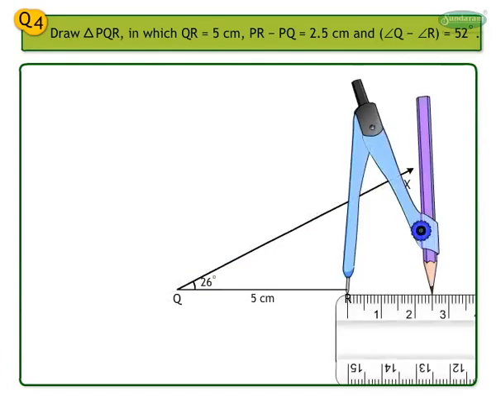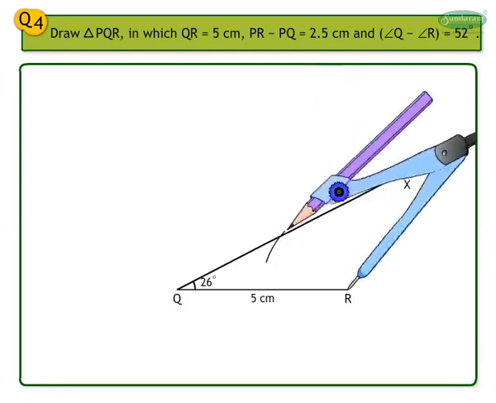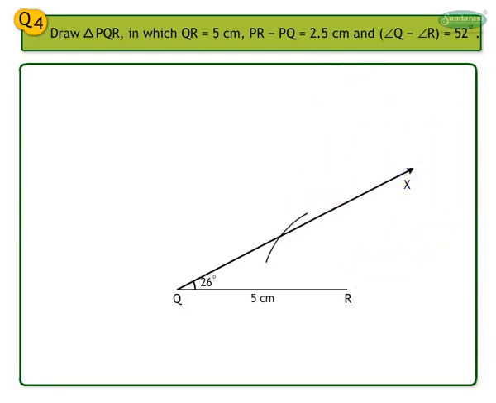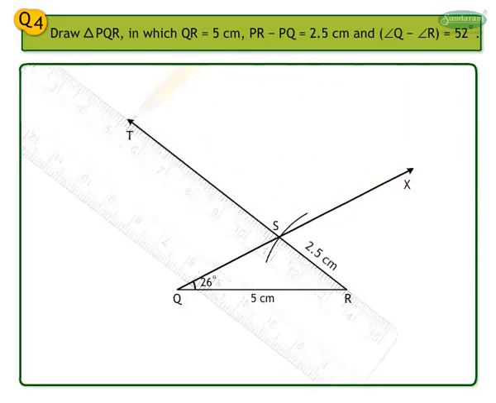Take R as center and, taking radius 2.5 centimeters, because it is given that PR minus PQ is equal to 2.5 centimeters, draw an arc intersecting ray QX at S. Join RS and produce it to RT, that is, draw ray RT extending from RS.